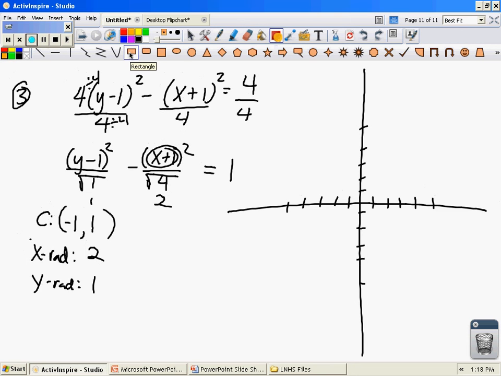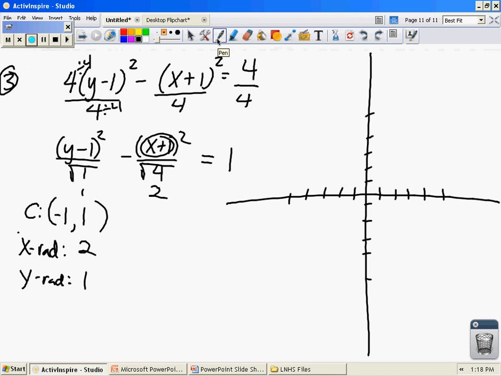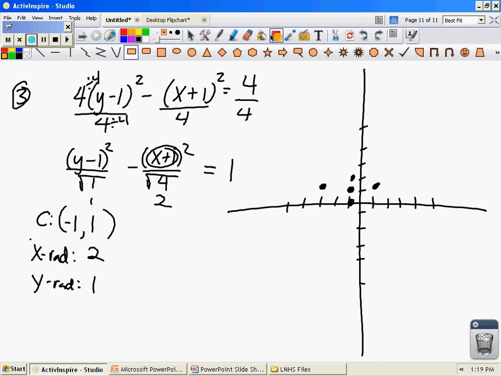Okay, so my center is left 1, up 1. The x radius is 2, so left and right 2 spaces. And the y radius is 1. Go ahead and draw our box.